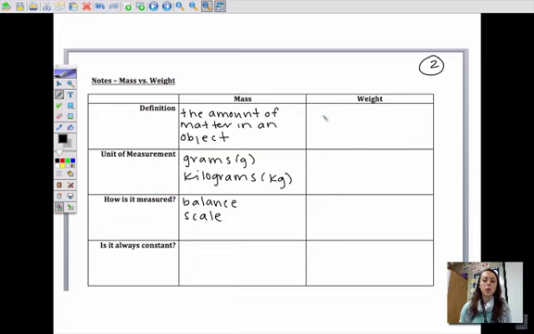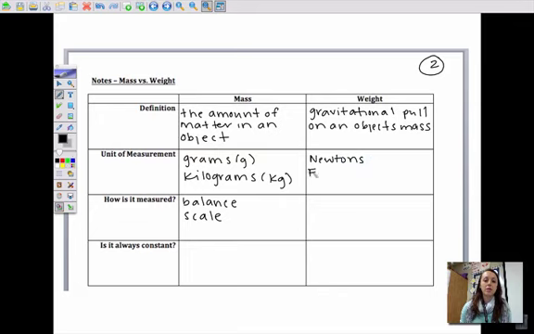Now the definition of weight is the gravitational pull on an object's mass. And weight is a force, so we're going to measure it in newtons.